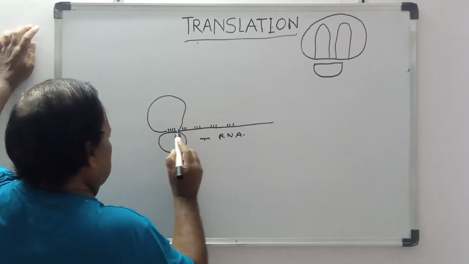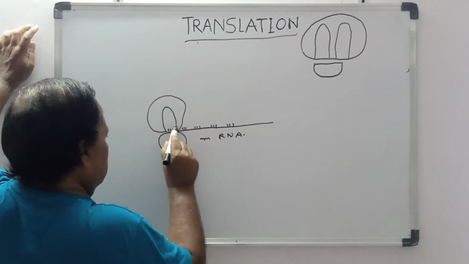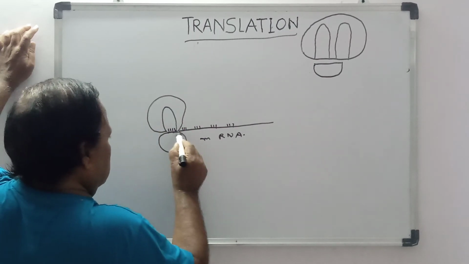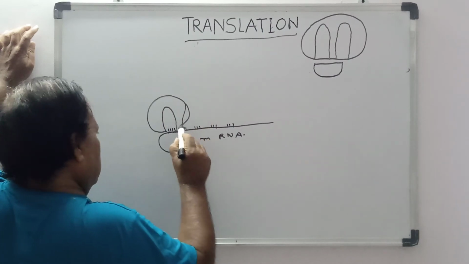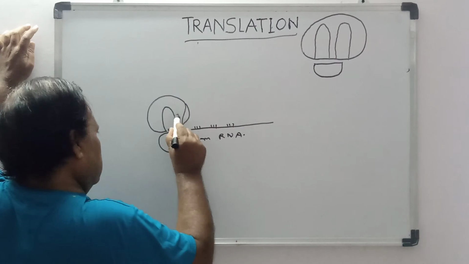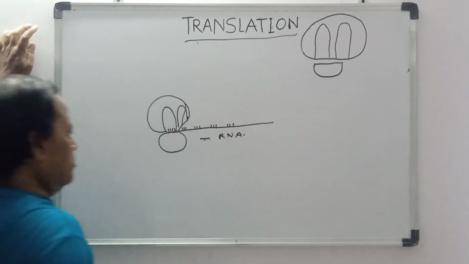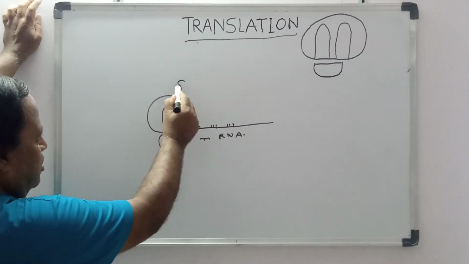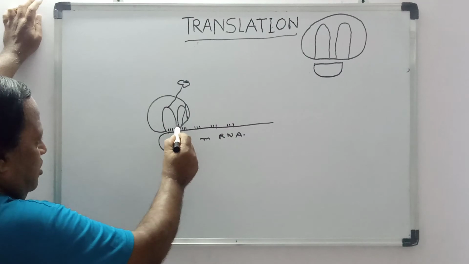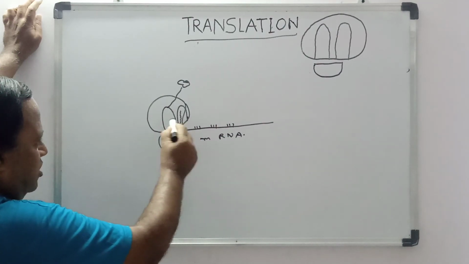Okay. Now one site is over this codon. Now the second site will be on this codon. So after the formation of this protein, the transfer RNA will enter the second site.